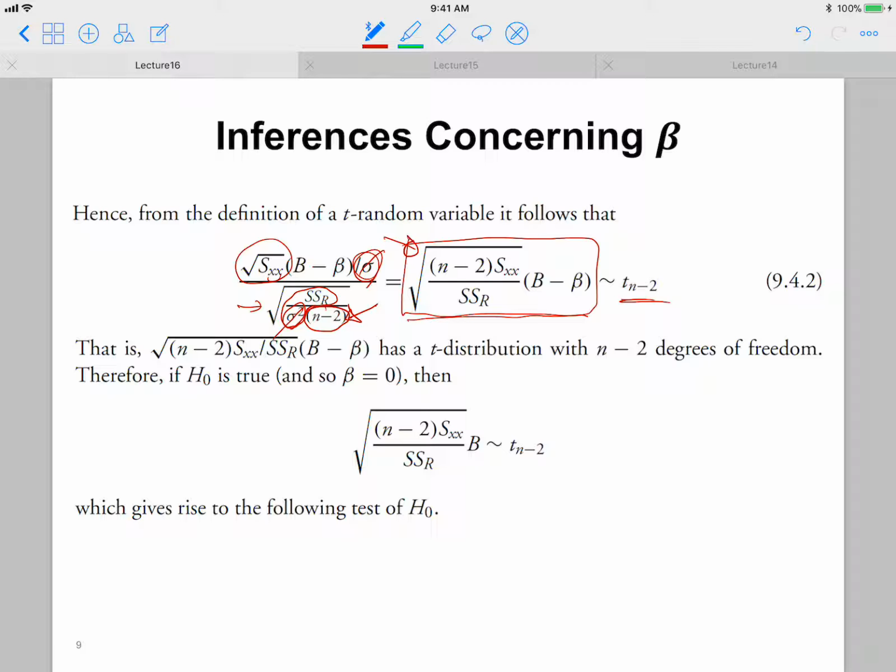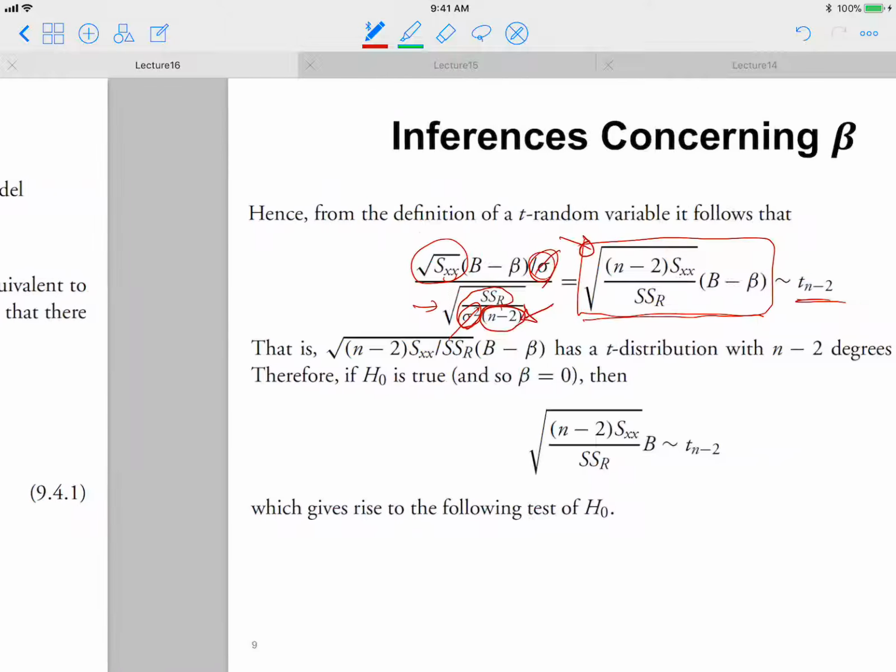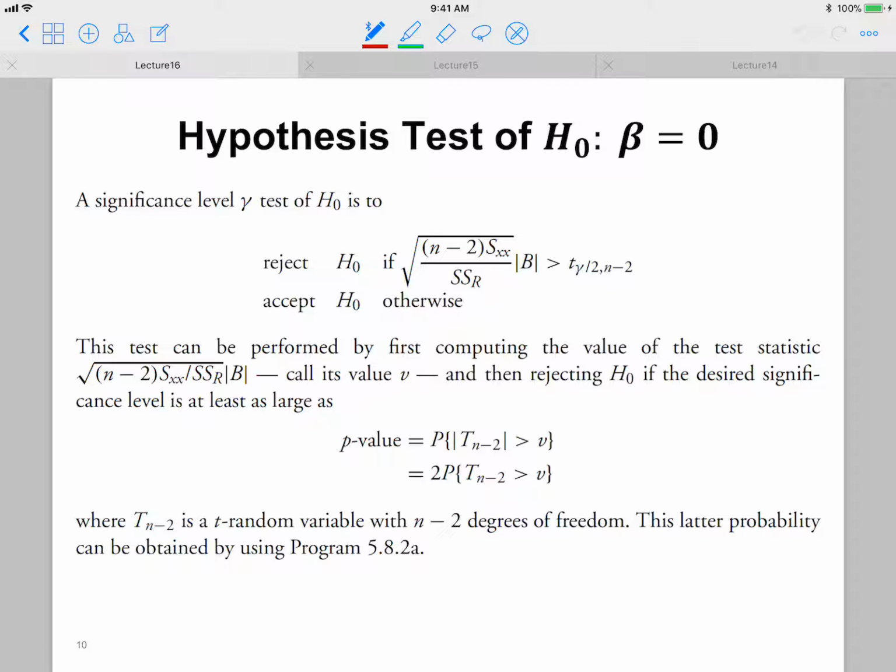Okay, and in this case, we have to perform the two-sided testing, right? So we need some significance level.